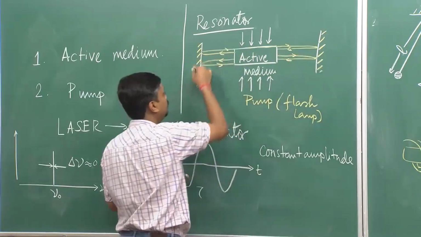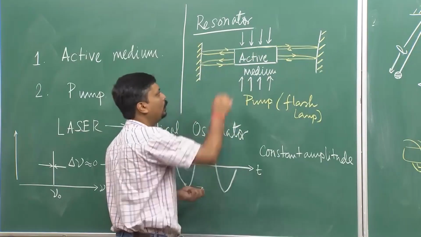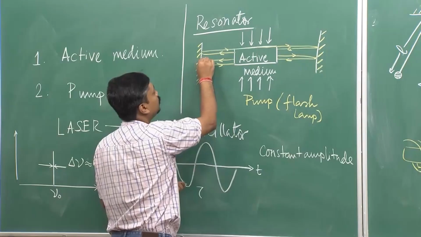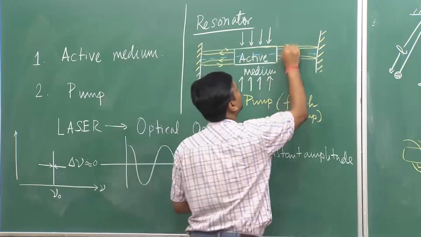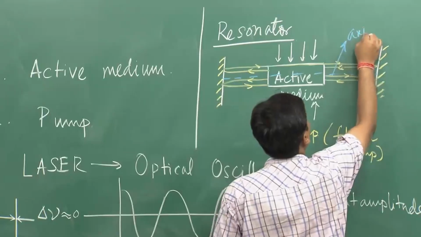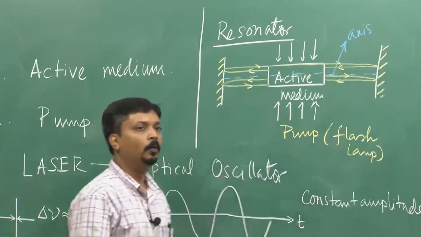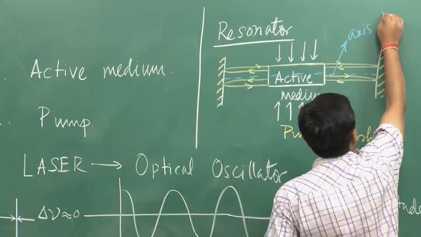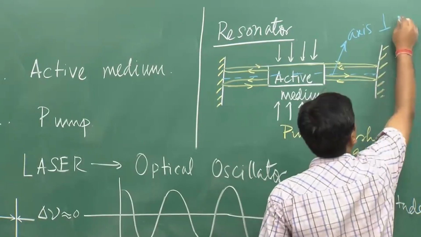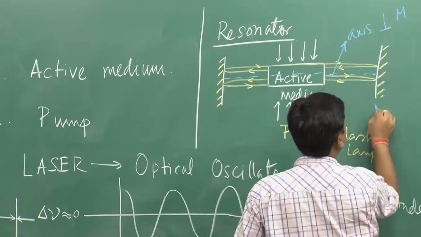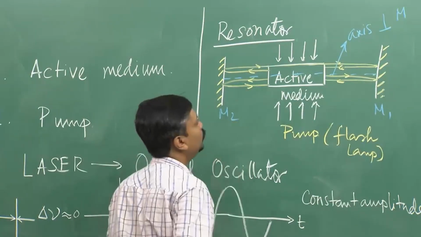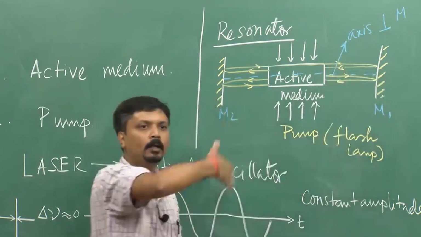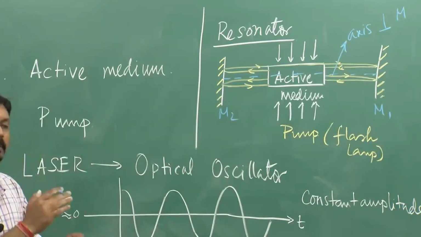So suppose I am calling this one the axis of this whole cavity, which is perpendicular to this mirror. Okay, so these are mirrors M1 and say M2. So this axis is perpendicular to the plane of these mirrors. Okay, suppose these are flat mirrors.